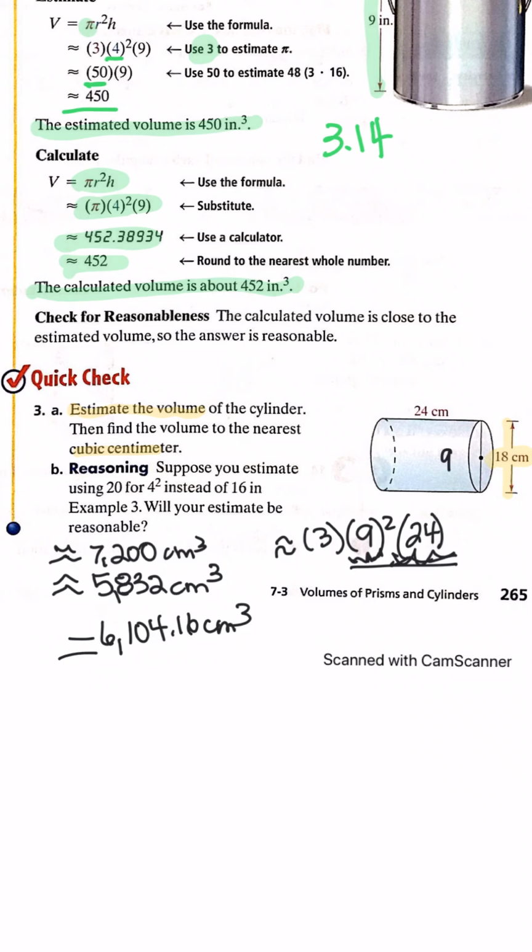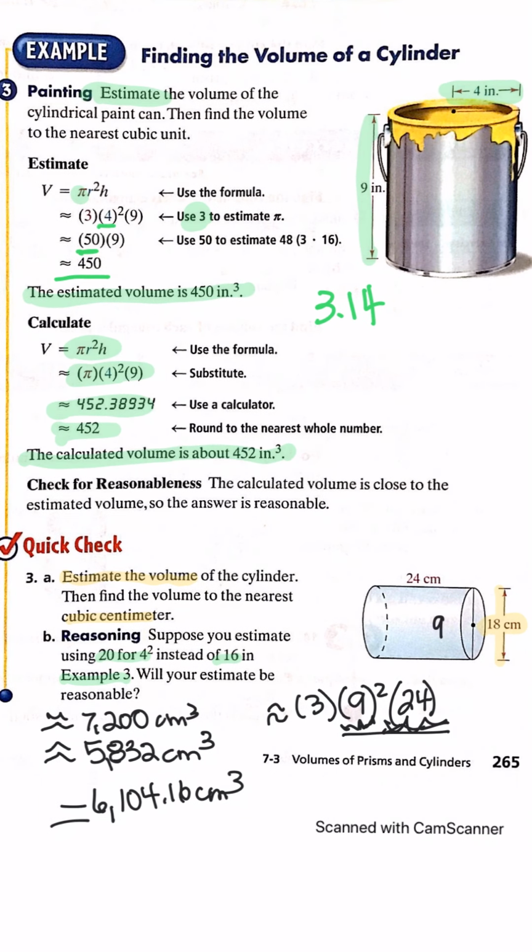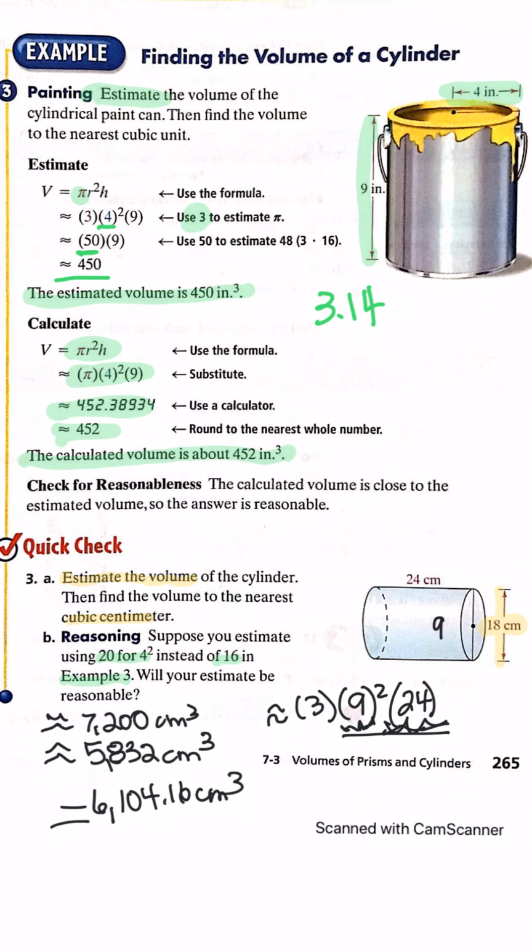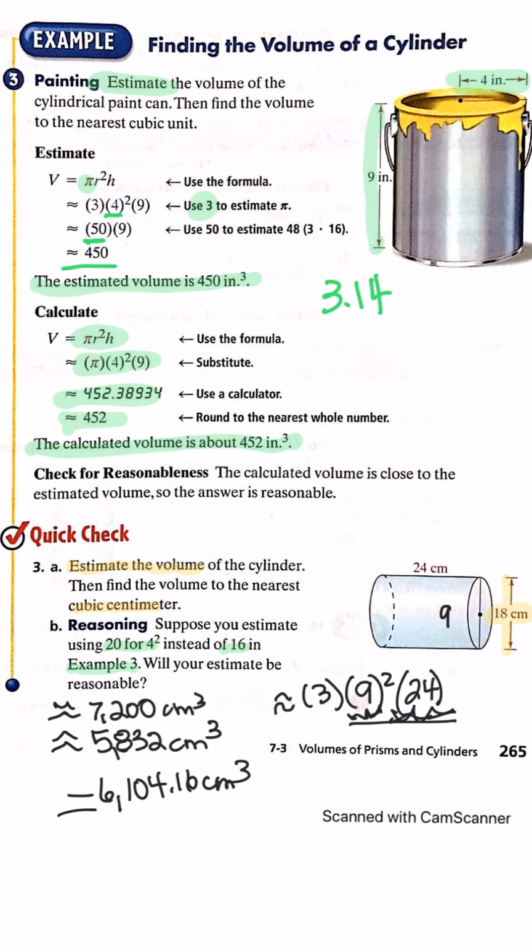So now the next question asks, suppose you estimated using 20 for 4 times 4 instead of 16. In example 3, will your estimate be reasonable? So up here in example 3, we did 4 times 4 equals 16. Instead of that, they're saying, what if we used 20?